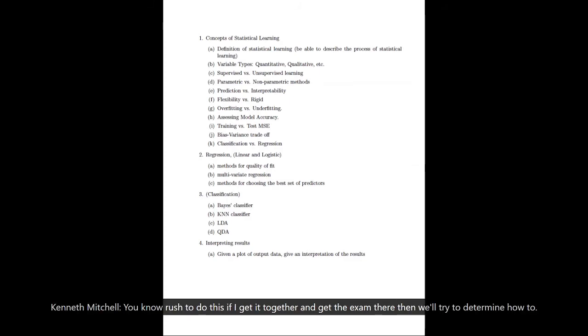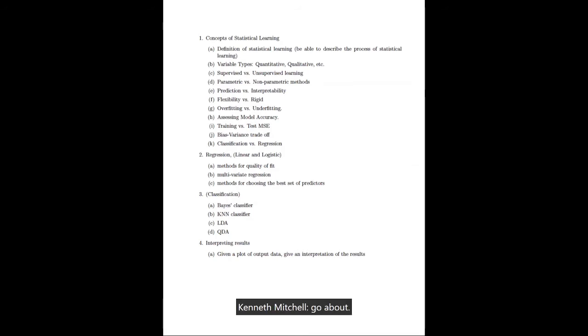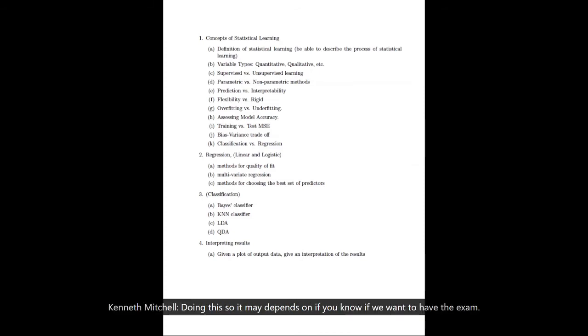Again, there's no real rush to do this. If I get it together and get the exam there, then we'll try to determine how to go about doing this. It depends on if we want to have the exam Thursday or Friday or something.